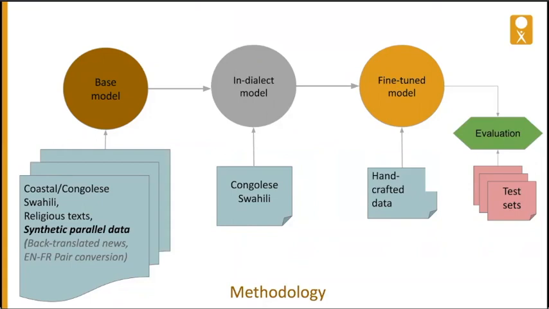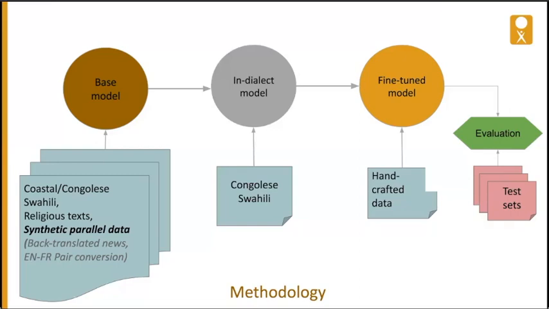Next, we fine-tune on the dialect using the data that we know are in the Congolese dialect. So our in-house sets plus the JW300 dataset. And finally, we fine-tune it on our handcrafted datasets, which we are sure are high quality and in the dialect that we are interested in.